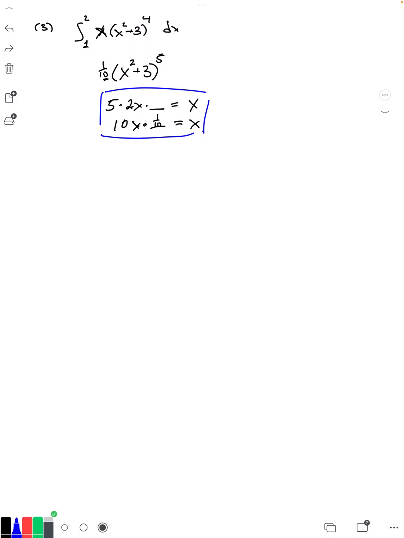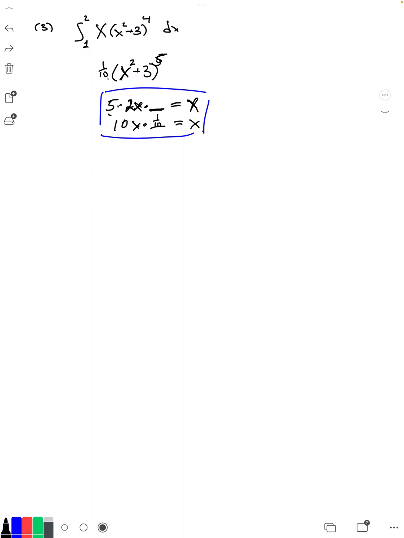That's a trick that I do in order to find this number. So taking the new power multiplied by the derivative of the inside, and then we need to multiply that by something in order to get the number that we had here, which is x in this scenario.